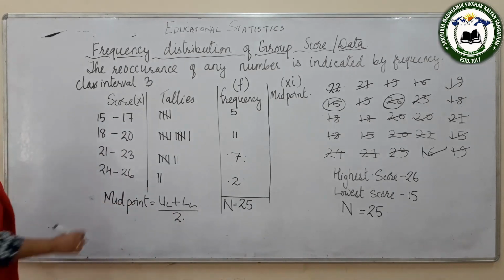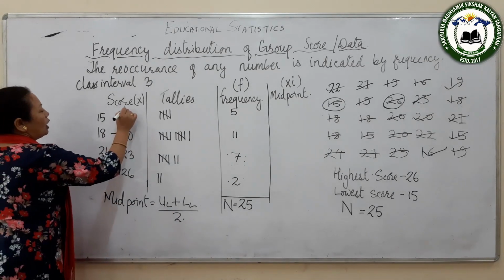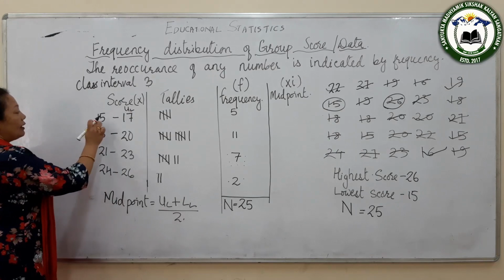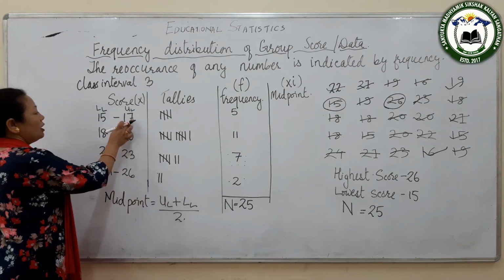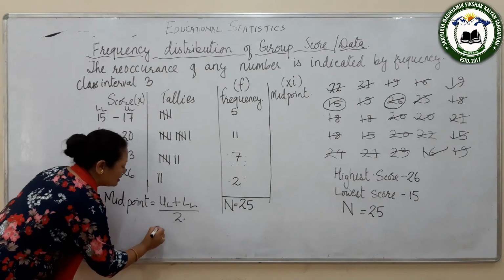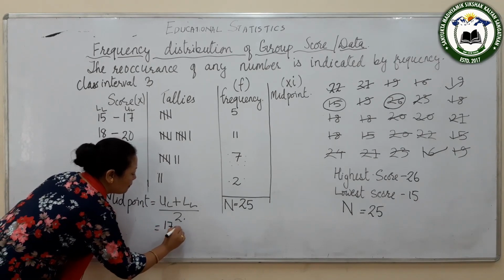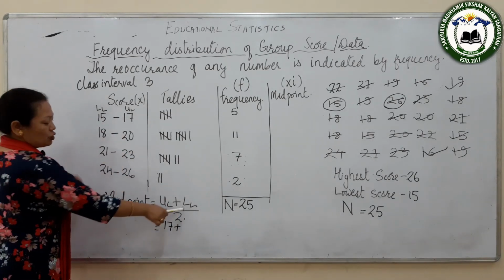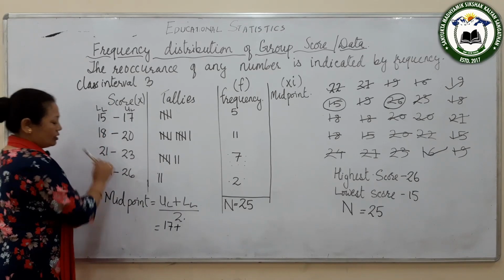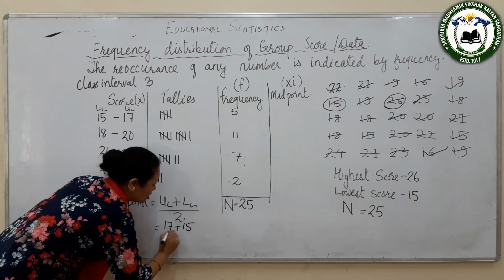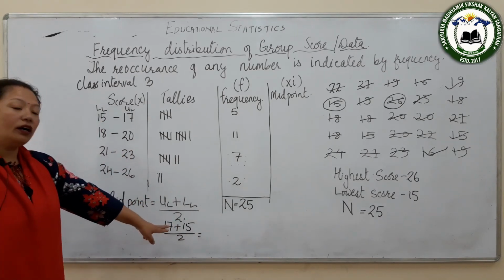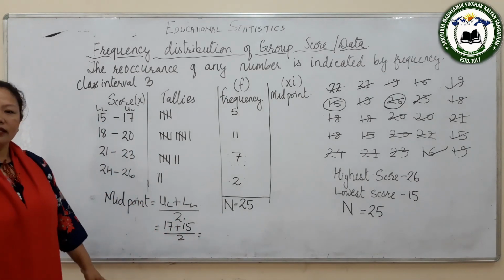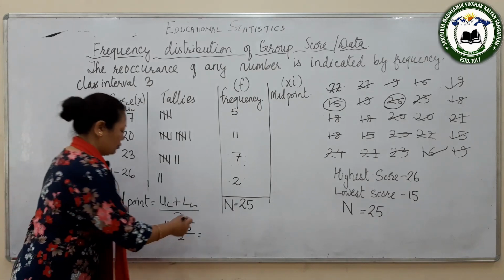So over here, this is my upper limit and this is my lower limit. Now over here, my upper limit is 17, so I write 17 plus my lower limit over here is 15, so 15, divided by 2. So add these two numbers, 15 plus 17 is 32.